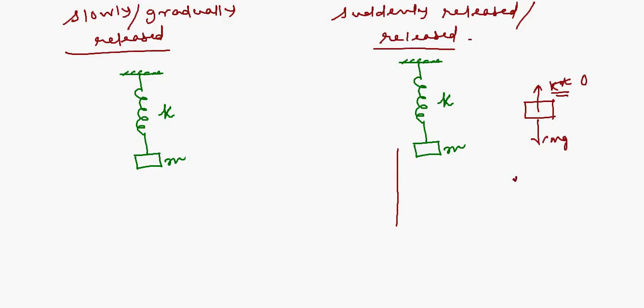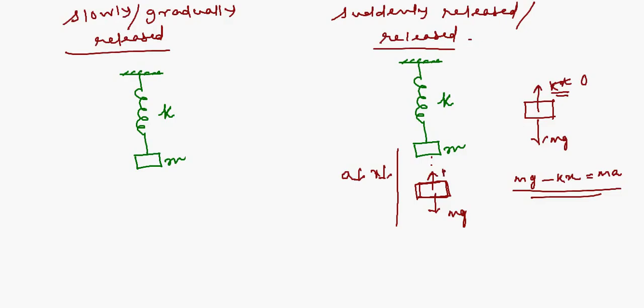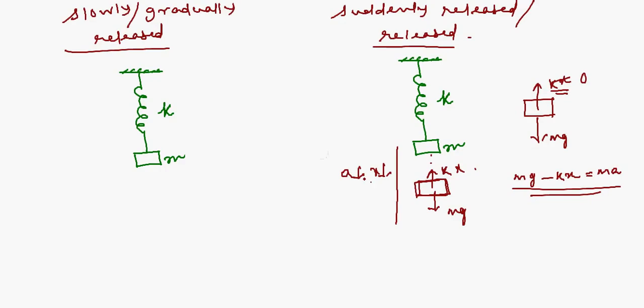So at any point of time, mg minus kx is equal to ma. The block is accelerated downwards. Its velocity is also downwards. At some point, this mg and kx will be equal, and after that the value of kx will be more than the value of mg.